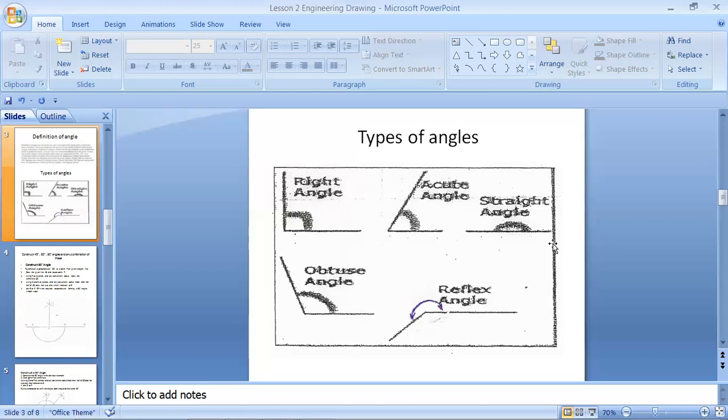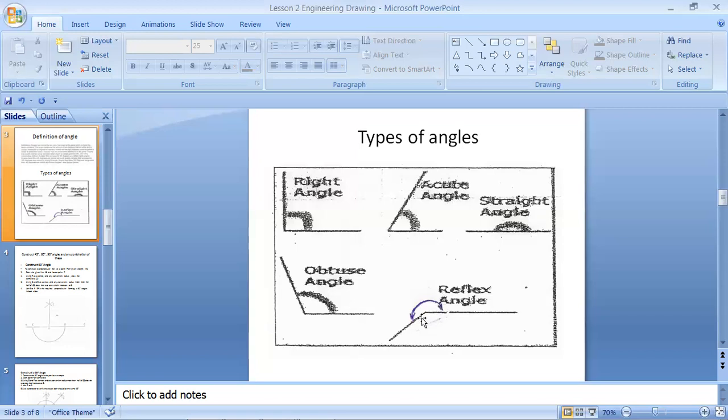When it's 180, we call it a straight angle. When it's more than 90 and less than 180, we call it an obtuse angle. When it's more than 180, that is from this outside here, the angle formed in this area, we call it a reflex angle.